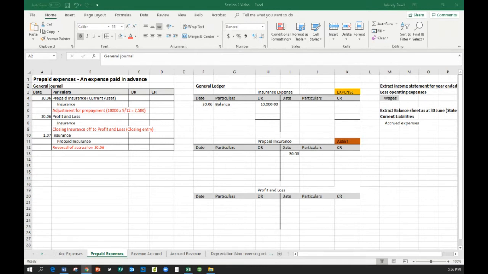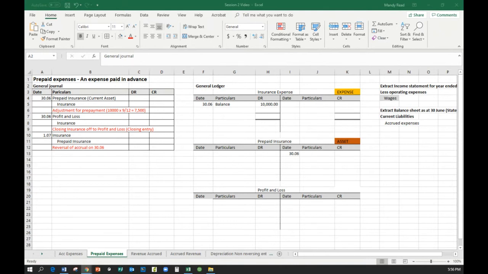So in your resource book, I'm looking on page number 77. And the example that we're looking at is Inez Essential Oils and Prepaid Expenses. It says in the scenario, assume that a premium of $10,000 plus 1,000 GST is paid on the 1st of April for fire insurance for 12 months.